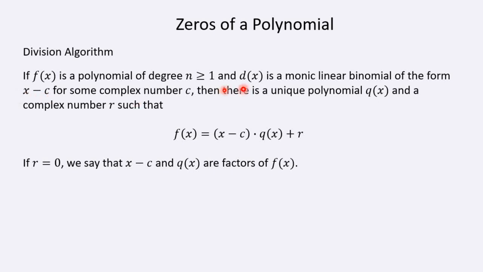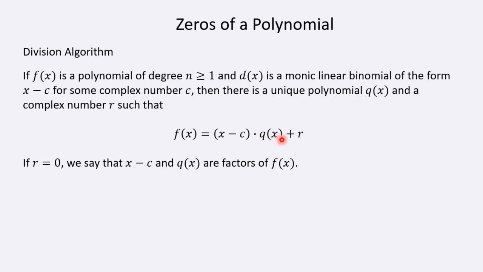So if we have a monic linear binomial of the form x minus c for some complex number c, then there is a unique polynomial q of x and a complex number r such that f of x, the original polynomial with degree n greater than or equal to 1, is equal to x minus c, which is that binomial, times the q of x, which is that unique polynomial they're talking about, plus r.